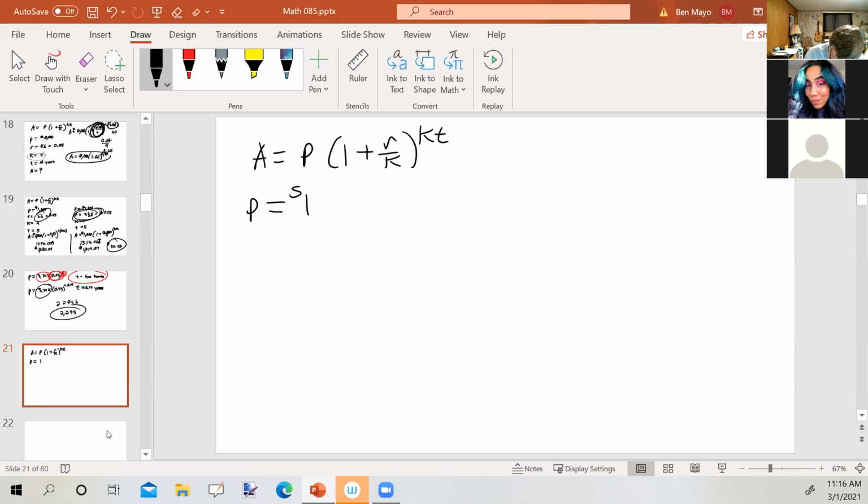All right. So principal is $1. The rate is 5%. Number of compoundings is 1 because it says annually. Time is what? From 1776 to 2076 would be 300 years.